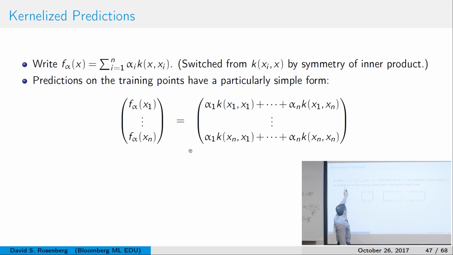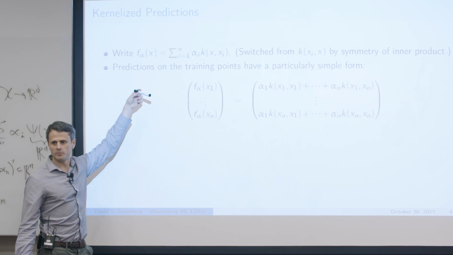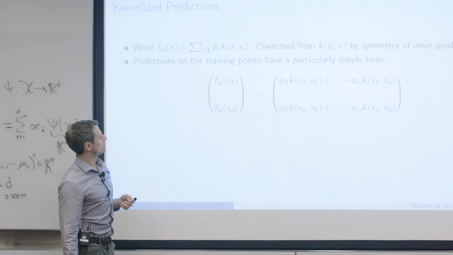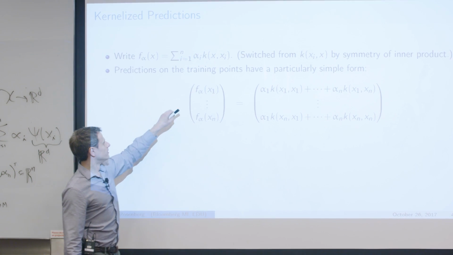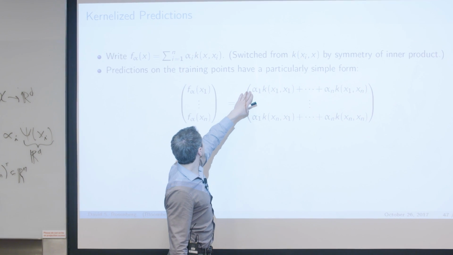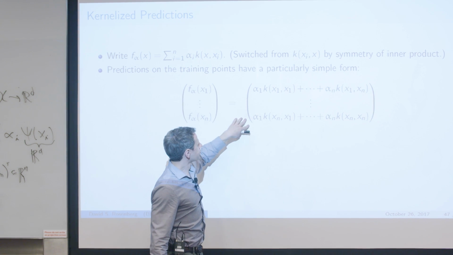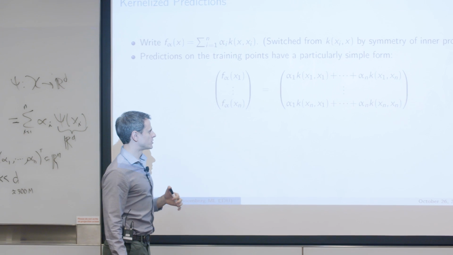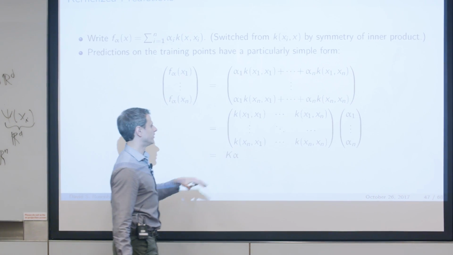I've introduced a subscript on f, which is alpha. Alpha would be the parameters in this expansion we know exists from the representer theorem. Here we've just written out this expansion, and we should recognize this as a matrix-vector product. So this is just K alpha.